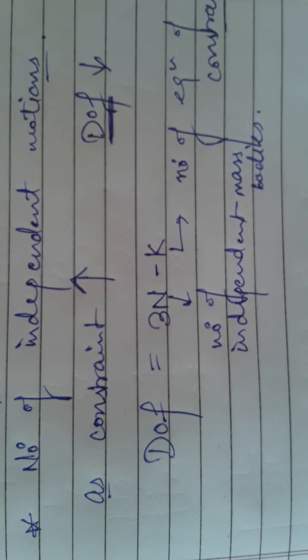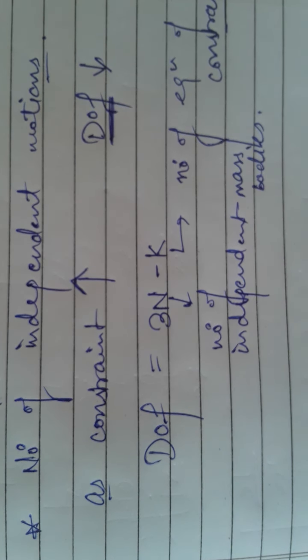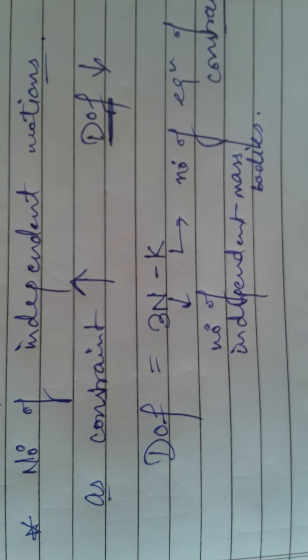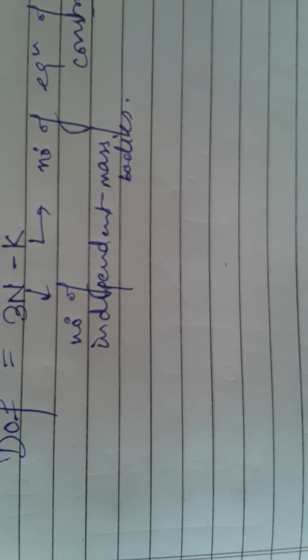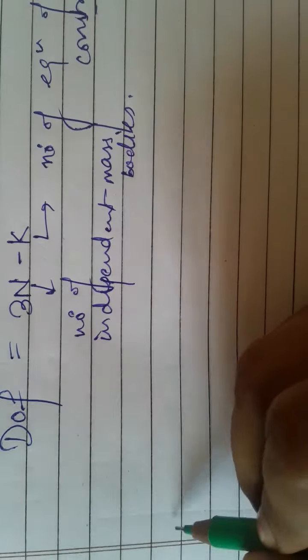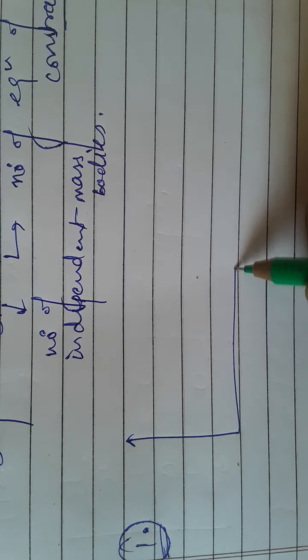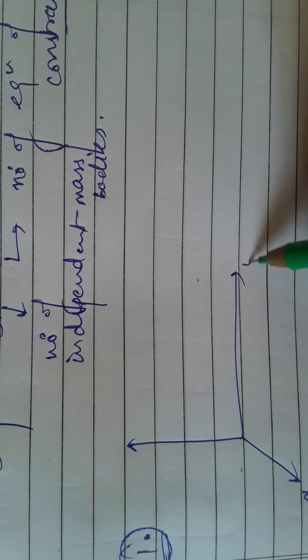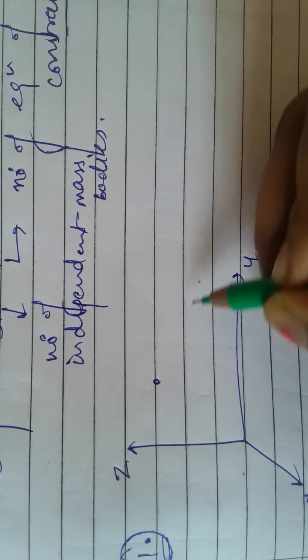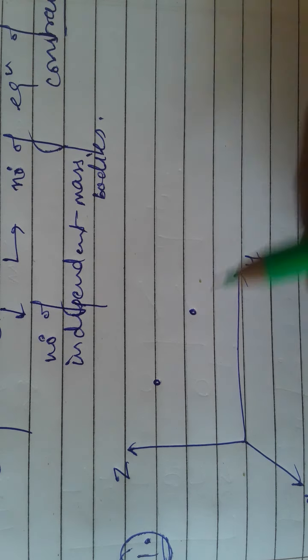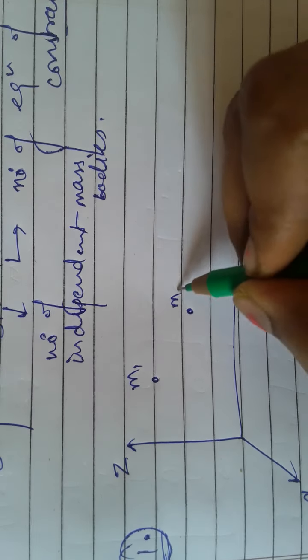So there is no specific method you can find in any book. There is no specific method to calculate degree of freedom, but here is one best strategy. If you see an example, then you will understand. See the first example for degree of freedom. Let's suppose this is your system x, y, z, and here are two particles, m1 mass, m2 mass.